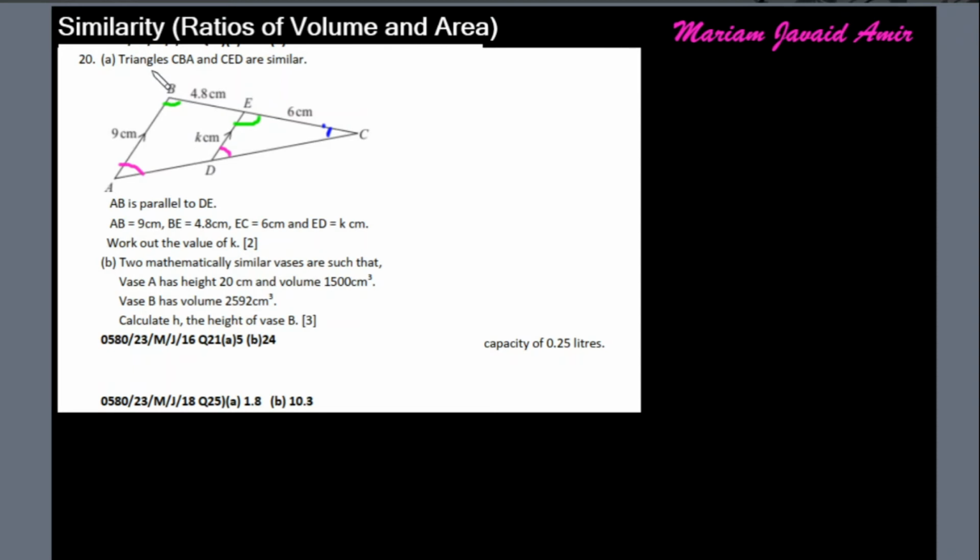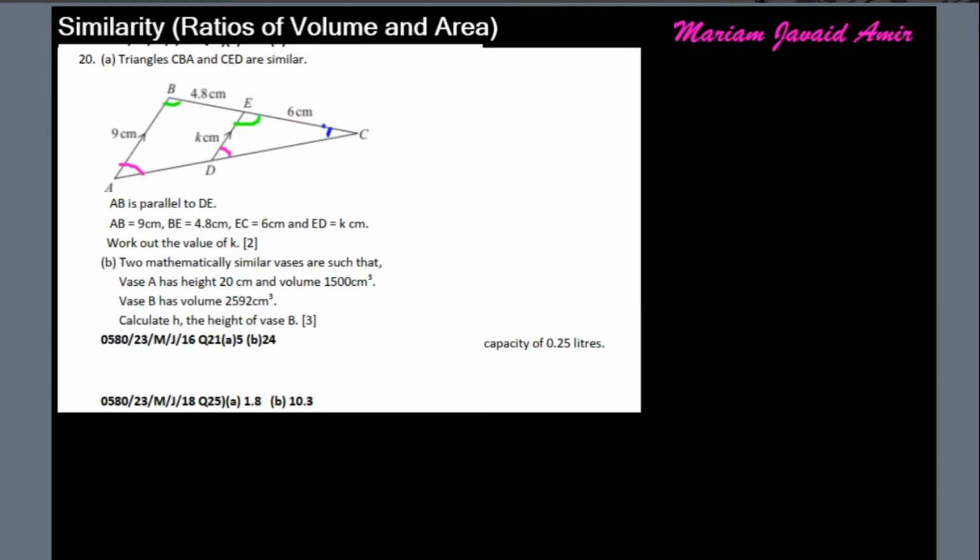So even if this wasn't told to us, we should have known this on our own. AB is parallel to DE. AB equals 9, BE is 4.8, EC is 6, and ED is K. Work out the value of K.